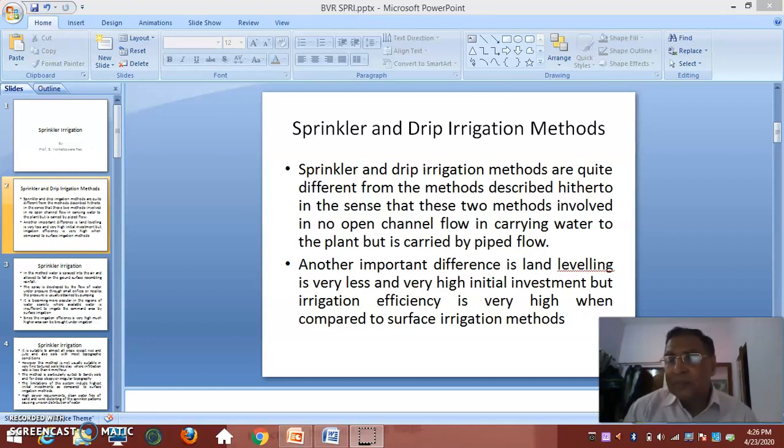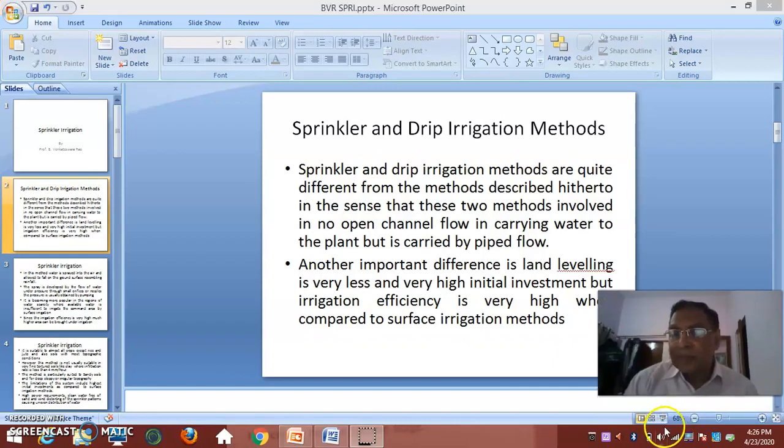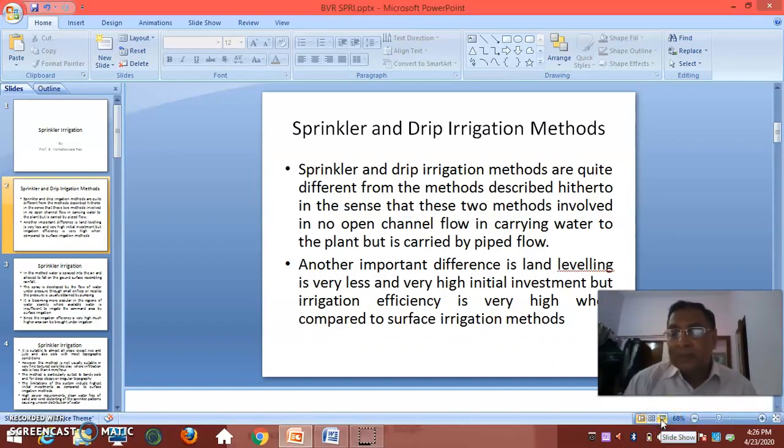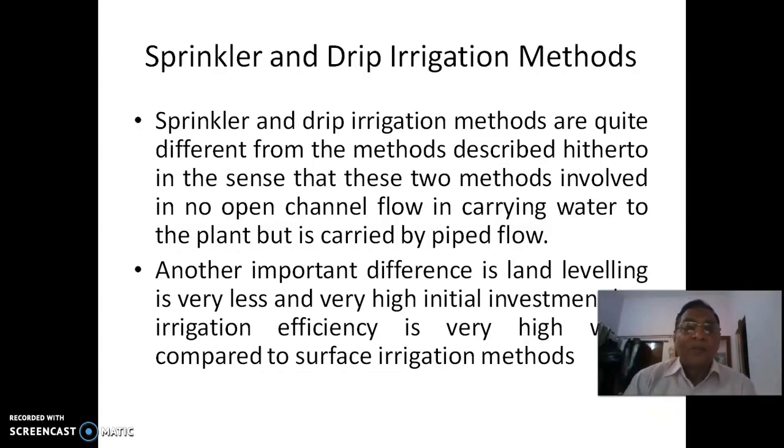Sprinkler irrigation. Sprinkler and drip irrigation methods are quite different from the methods described hitherto, in the sense that these two methods involve no open channel flow in carrying water to the plant, but it is carried by piped flow.